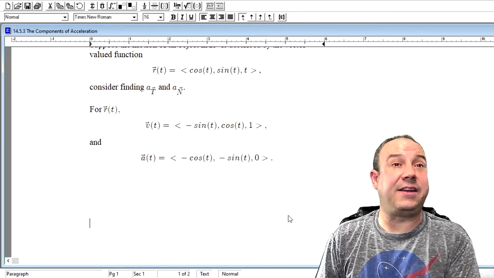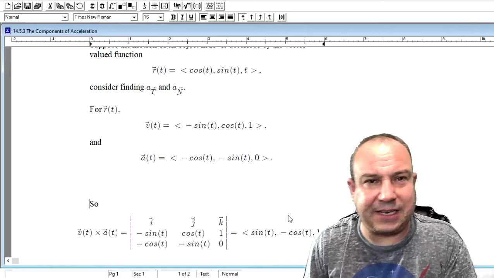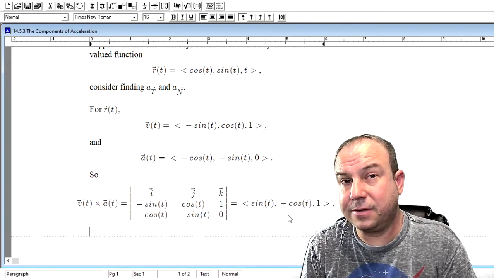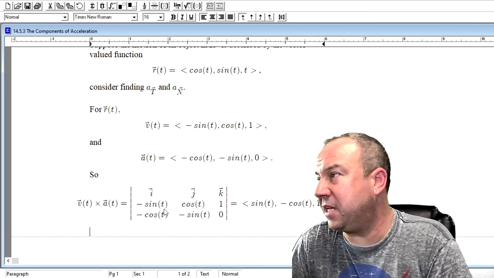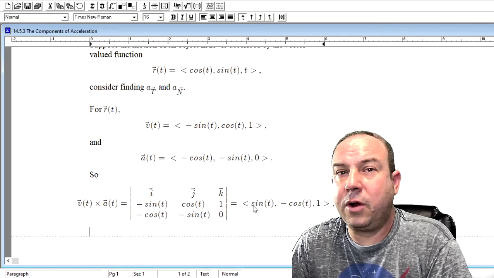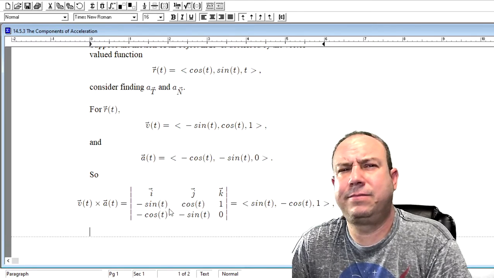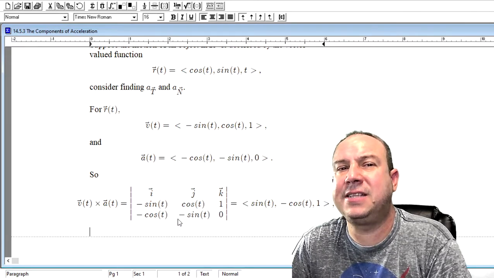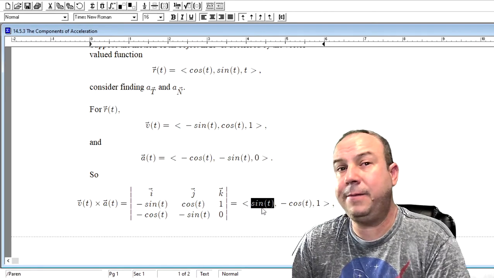If we cross these two vectors, this puts us into this determinant calculation, where the first component is cosine t minus negative sine t times 1, which is just positive sine t.